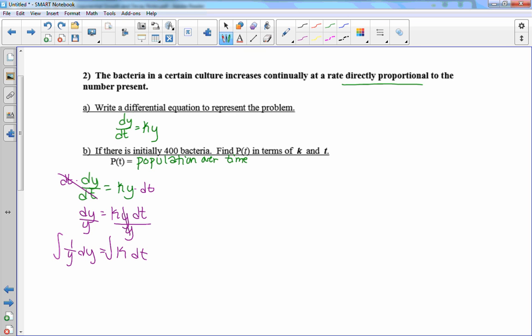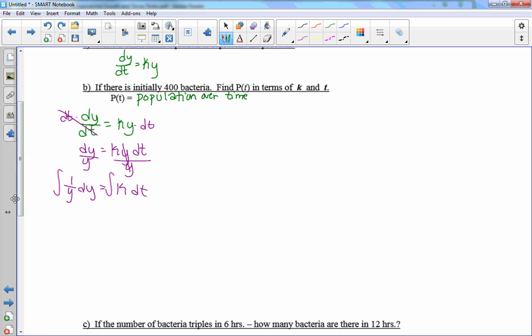Now, when you integrate these, we already know when we integrate, well, show step by step, and then it should look familiar. Good.